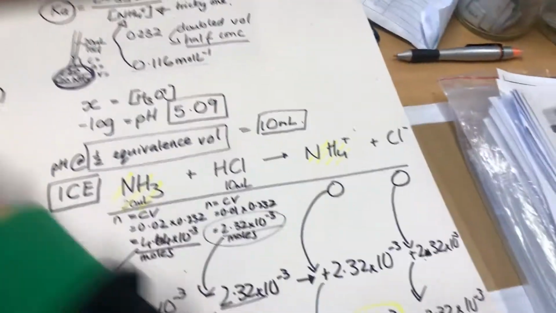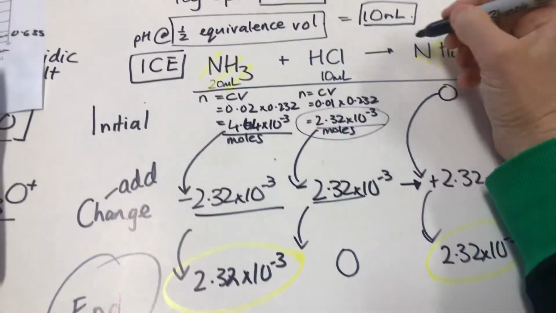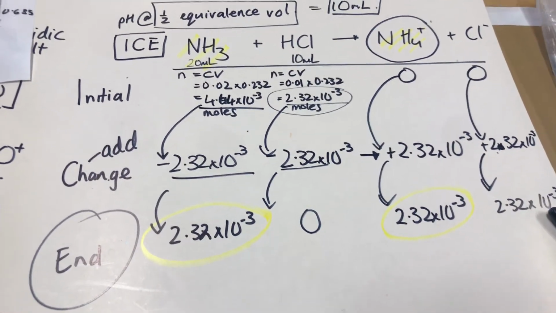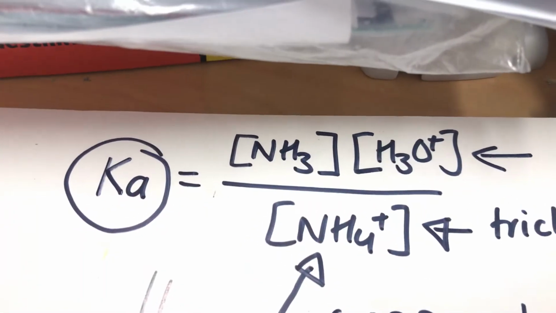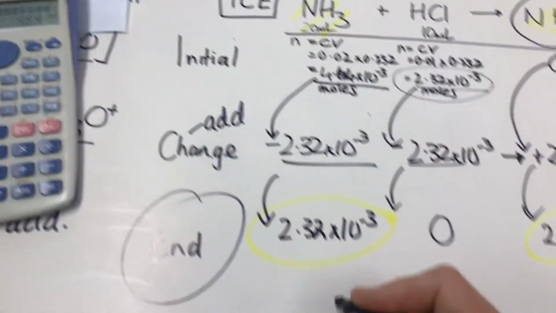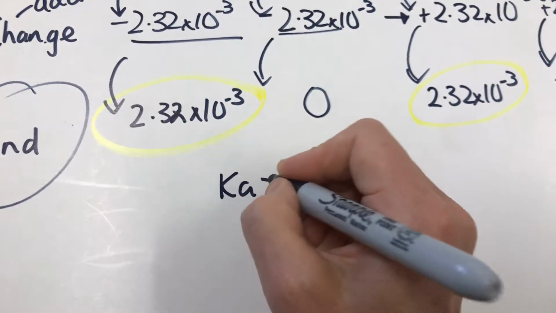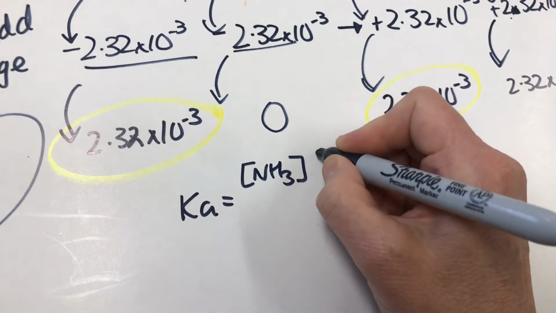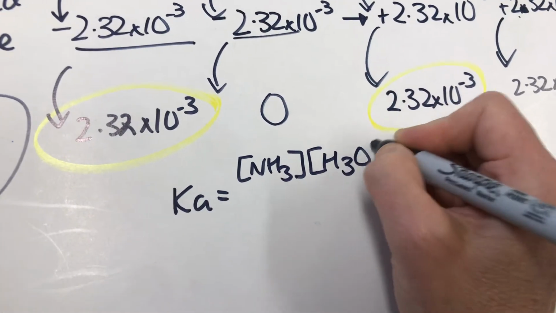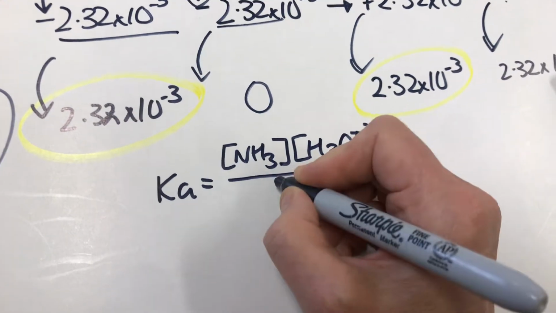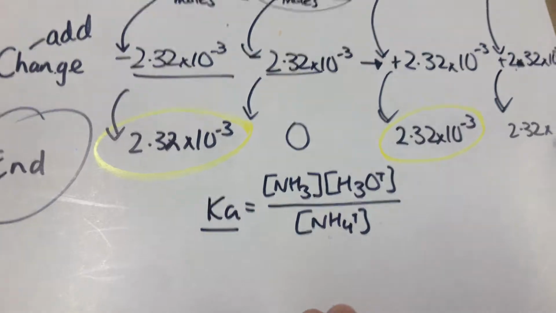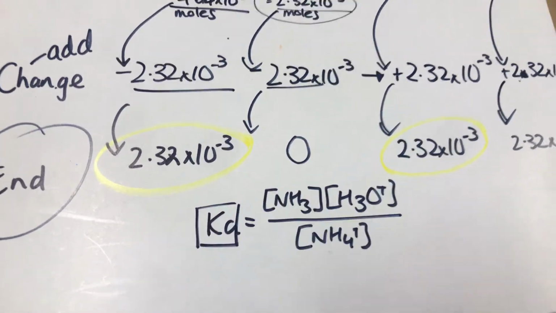At this stage, what we're going to do is we're going to write a Ka expression for our weak acid, which in fact we already have from up here. So I'm just going to recopy that. Okay. But this time my calculation is just slightly different. Okay, I do know this. This was still the same. This is given to me in my question.